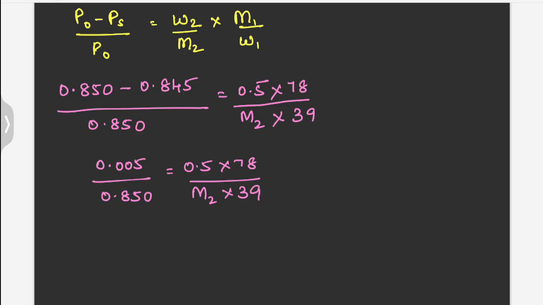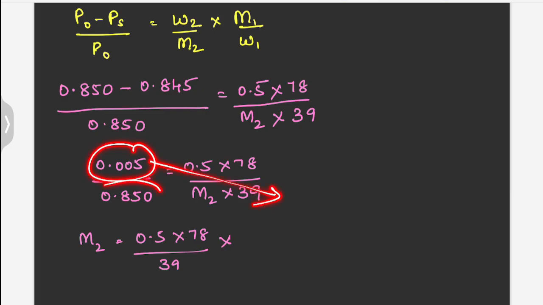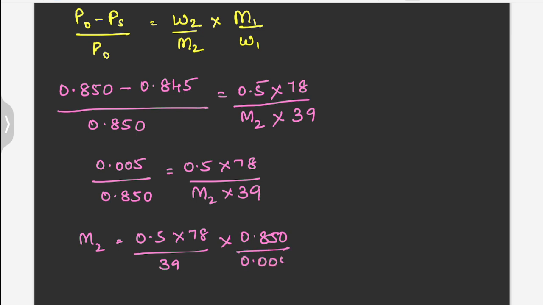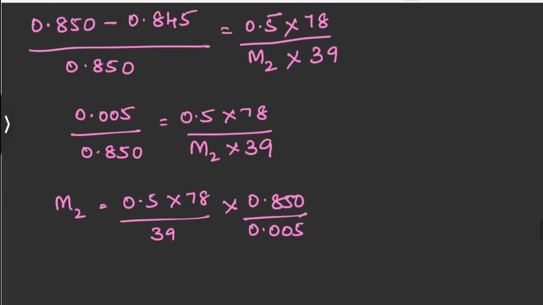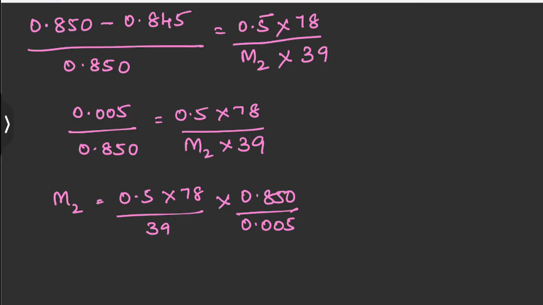So now let us shift M2 to the other side. So you will be getting M2 is equal to 0.5 into 78 divided by 39 into, shifting this term also to the other side, this one will come in the denominator and this will go to the numerator, 0.850 divided by 0.005. So now let us cancel this. 13 3s are 39, and 13 6s are 78.